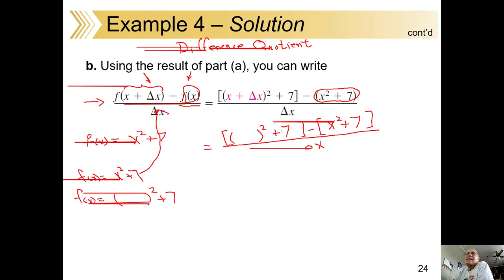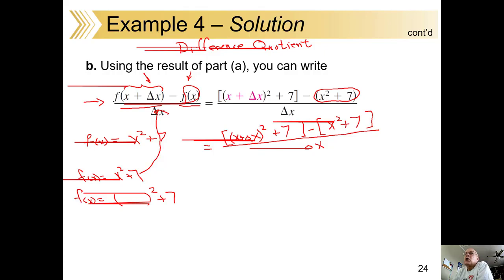That's what the function says, x squared plus 7. The x is to be sent to you later. What we've been sent, though, is something called x plus delta x. So I'll put in x plus delta x. And that's it.